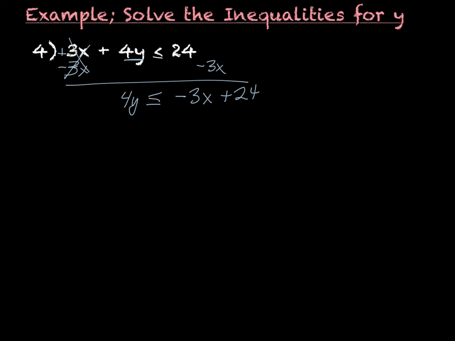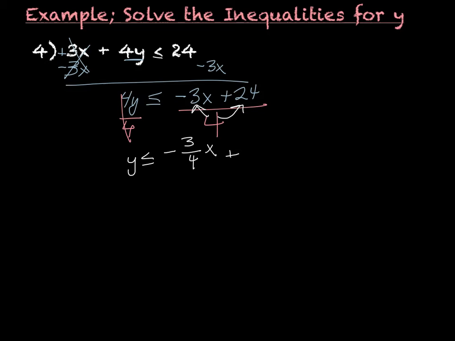And then we have to solve for the y, so we have 4 times y, so divide by 4. Alright, and the final answer would then be y is less than or equal to negative 3 over 4 x, because the 4 can come over here. 4 also has to come over here.